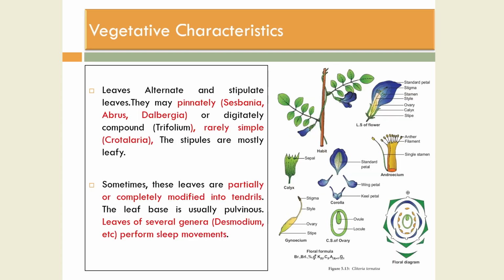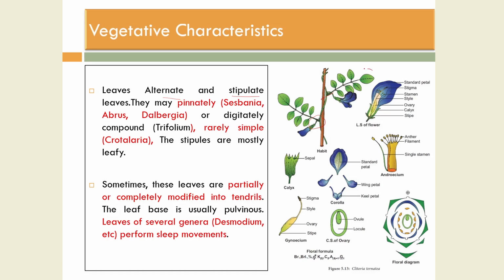If you see the leaves of this particular plant, leaves are showing the alternate arrangement. As you can see, one leaf is placed here, then the next one is there. So these plants are showing the alternate arrangement and the leaves are stipulate. One of the important features of this family is that the stipules are coriaceous. They may have pinnately compound leaves, like in the case of Aspisberia, Abrus, Dalbergia.